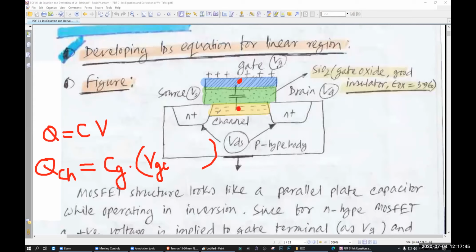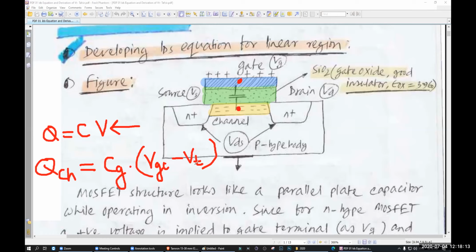Gate to channel voltage, VGC, minus VT. Why minus VT? This is the voltage you have to spend to make the capacitor. Because I told you before, if you do not spend some voltage, this capacitor will not form. This formula is for a capacitor that is already made.